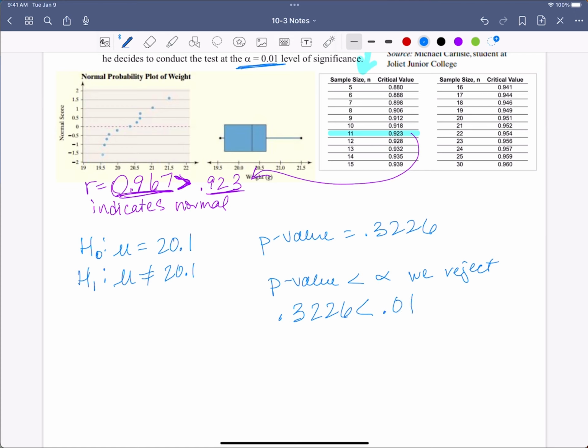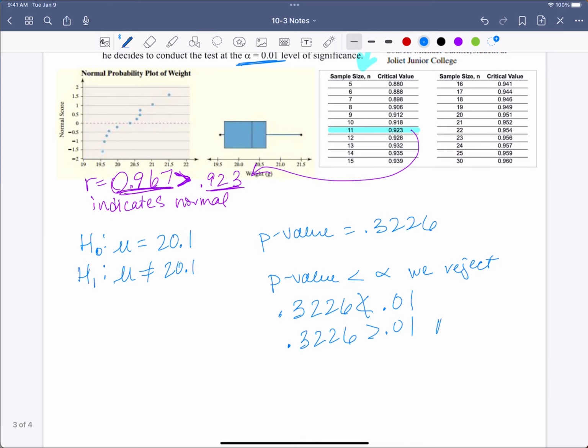Is that less than 0.01? No, in fact, it's substantially bigger. So it is not less, so I'm just going to put a line through there. A lot of times in my stat lab, it'll have greater than 0.01. So if that's the case, do not reject.